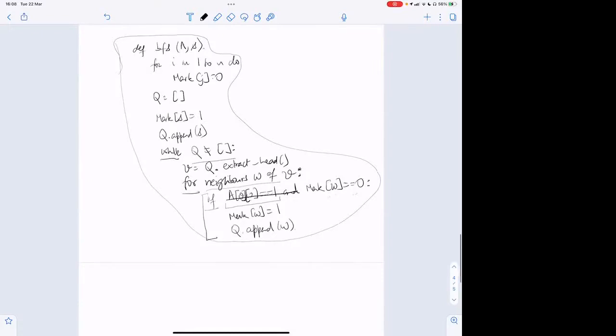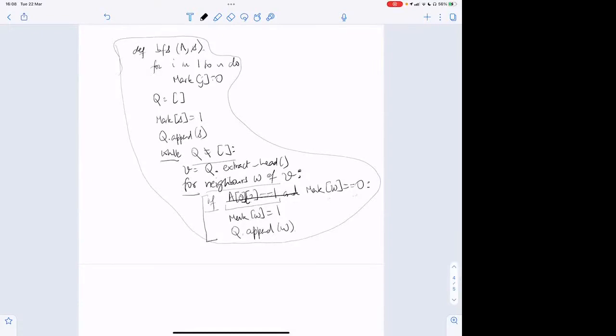Is it constant time? Not necessarily. It might not be constant if the degree of V is large. If it has many neighbors, even though the graph is sparse, some of the vertices might have large degree. The average degree is small, but individual degrees could be large.